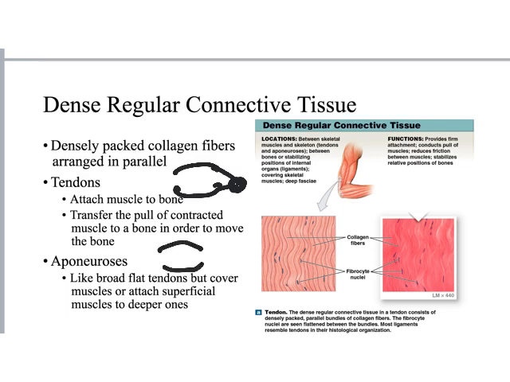Aponeuroses come off in a broader way, and might attach to another muscle, for example. So they're not quite as pinpoint and strong. They're a little bit thinner and more fanned out, more superficial. But they're made of pretty much the same material.